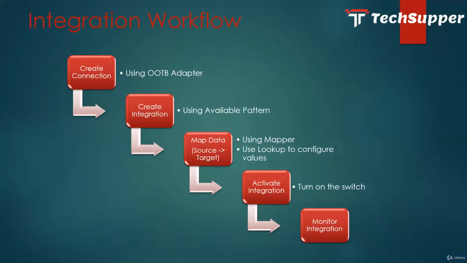Somewhere you need to use lookups as well, so you can use the lookup value function, which helps you refer to the lookups you created at design time. Once your mapping is done, you can close the mapper. Every mapper has an accessibility file, so you can open the integration archive file, see it, and make that modification from the backend as well.